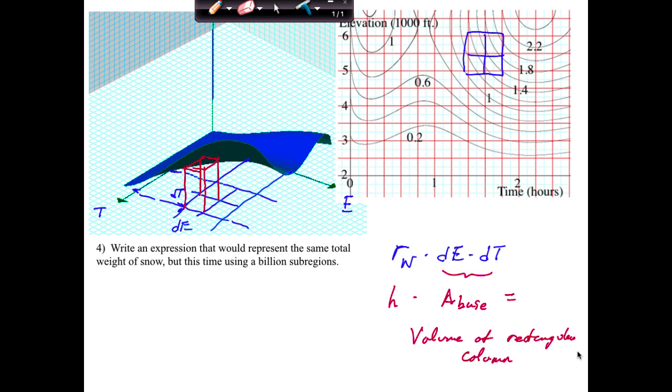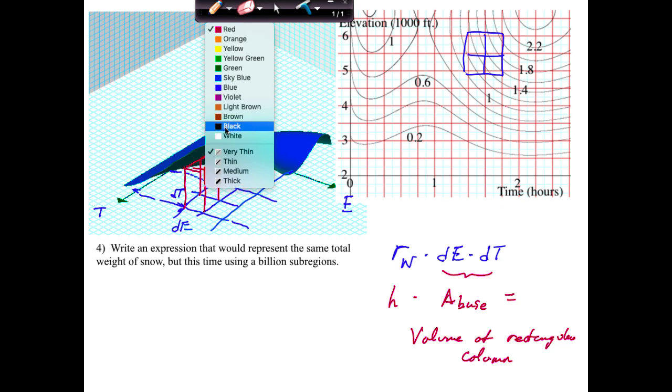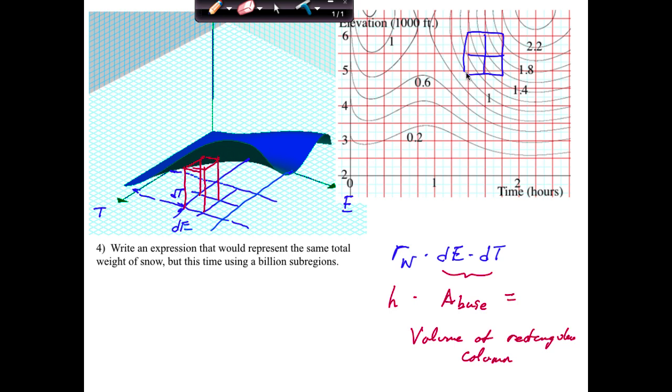Okay, so now when you do these rectangular columns, in terms of estimating the height of the surface, the most common thing to do would be to choose a corner and pick off the rate at a corner. So for this first box, this is lower left.